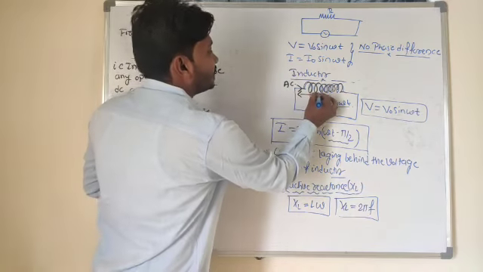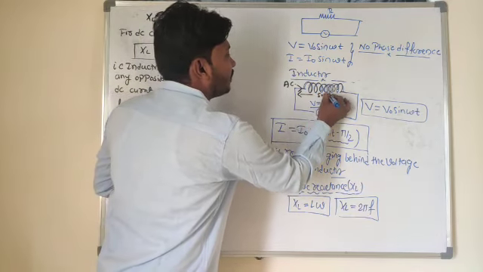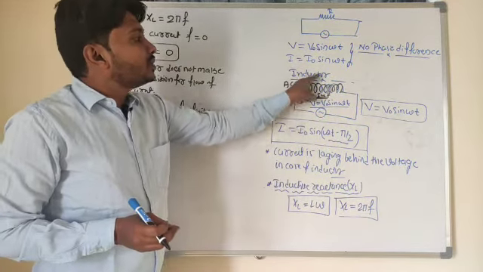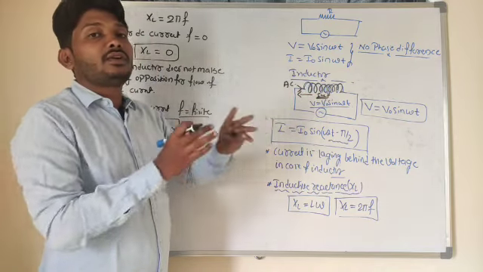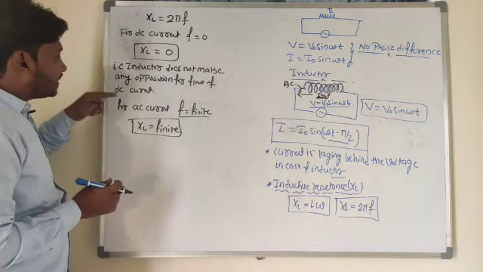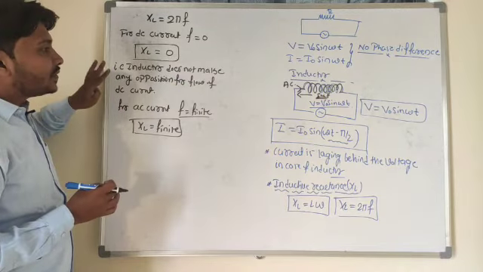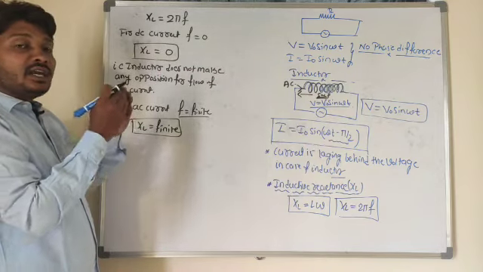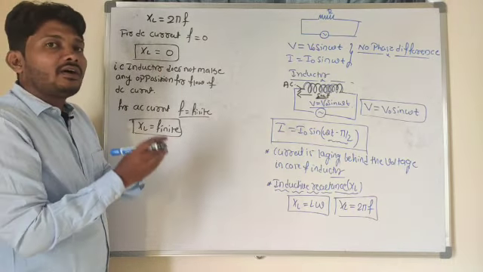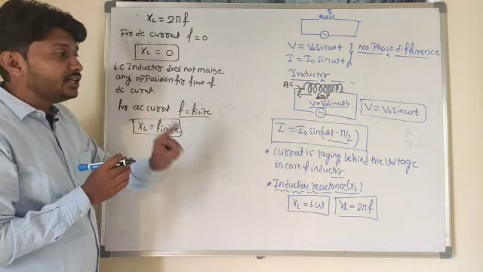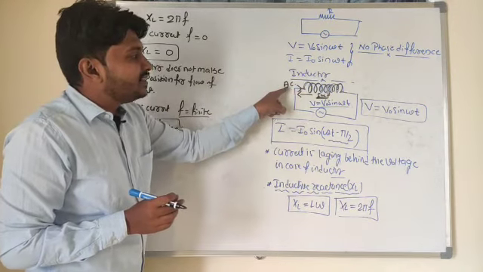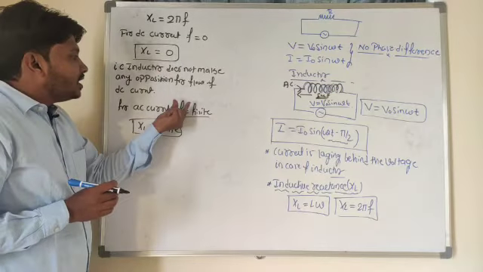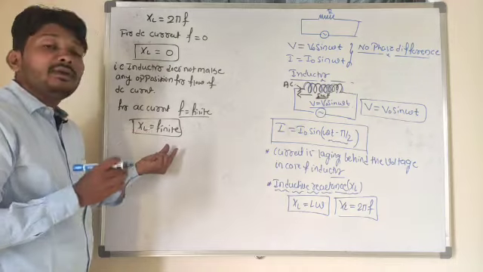So there exists an EMF in the coil. In order to induce the EMF in this coil, the coil must make opposition for the flow of current. Out of AC current and DC current, the inductor does not make any opposition for the flow of DC current, which means there is no induced EMF for DC current. The EMF is induced in the coil only if you send AC current, which has a certain frequency, so it has some inductive reactance.